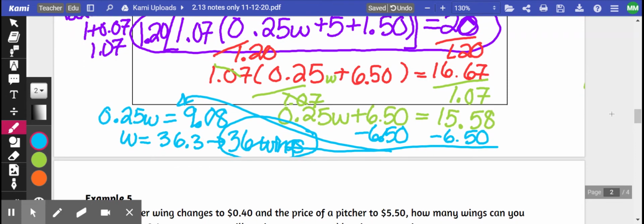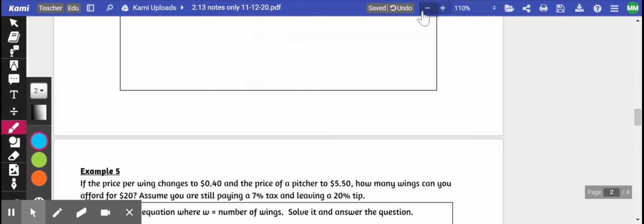Okay, this right here, this equation that you have for example 4 is really going to be your model for a lot of the problems that we're doing in this section. And I'm going to show you guys how it's going to be similar.